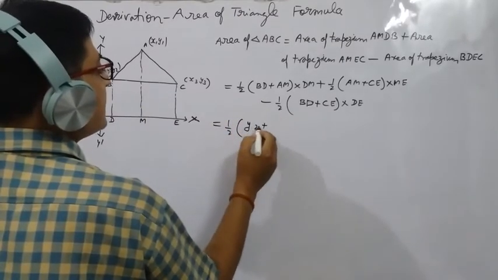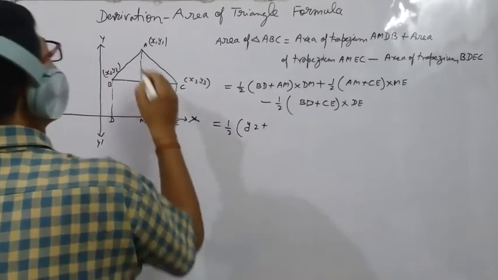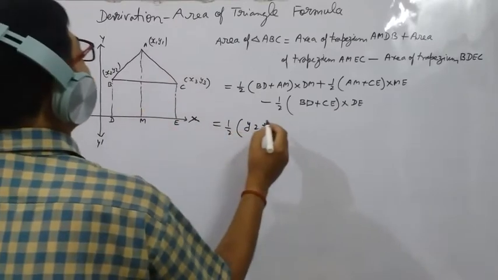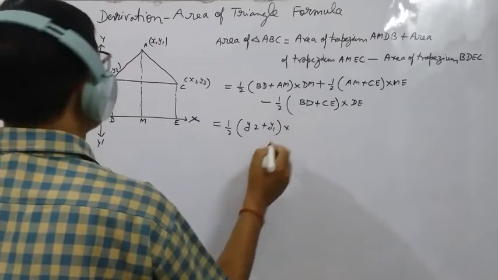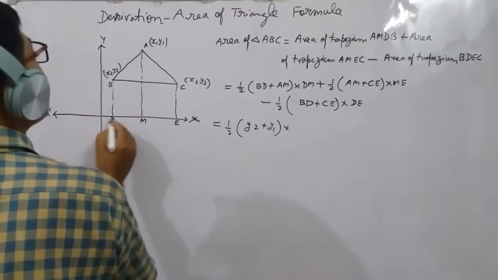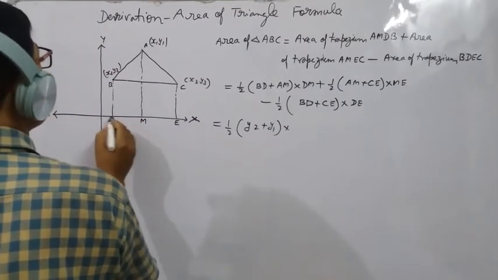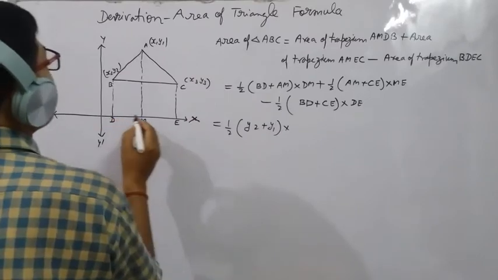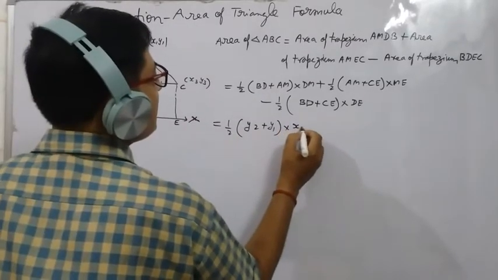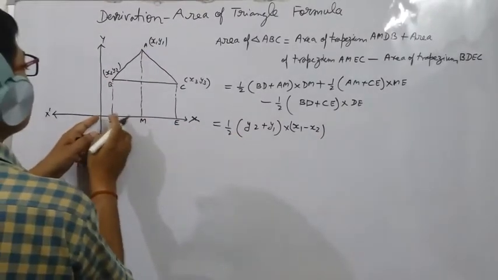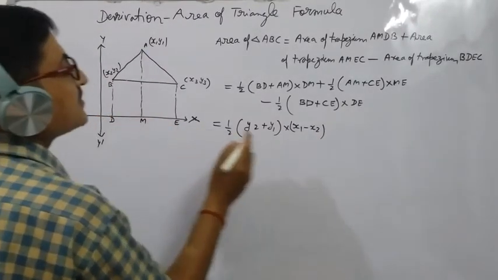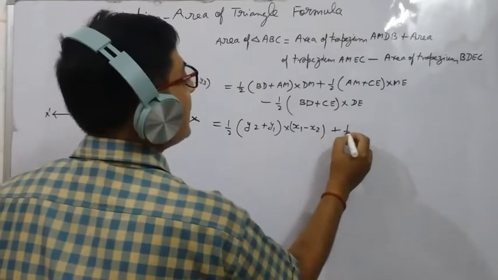On the y-axis it is y2, plus AM, which is y1, into DM. DM is the total length x1, minus x2. You will see that this length is x1 and this length is x2, so x1 minus x2.